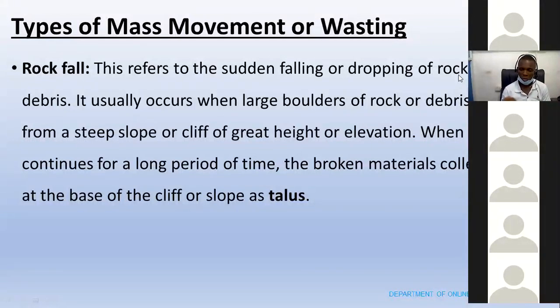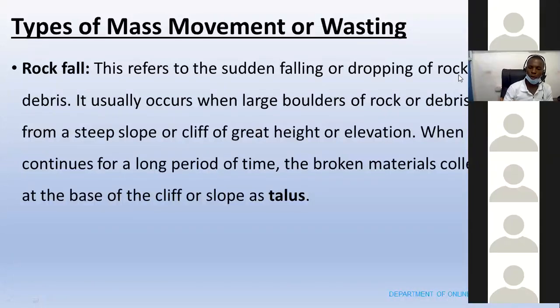Now, if rocks continue to fall from a particular spot and find themselves at a particular location over and over again, as this process continues, the rocks will continue to break further.